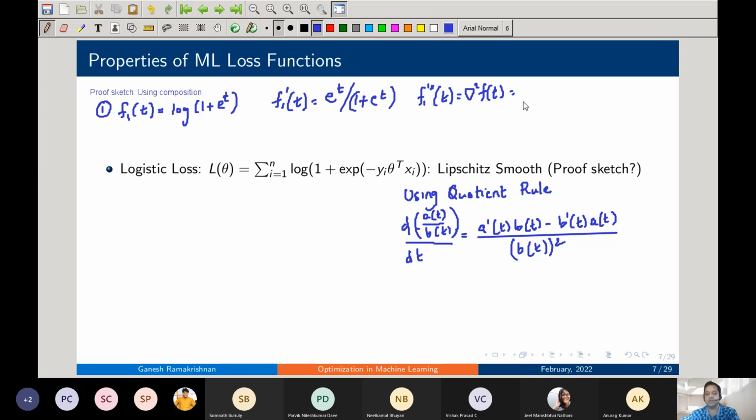So using this, what do you get as the double derivative? It'll have e^t (1 + e^t) in the numerator minus e^t times e^t, again in the numerator, divided by b(t) squared, which is (1 + e^t) squared.